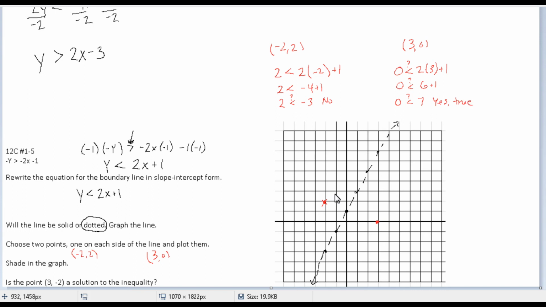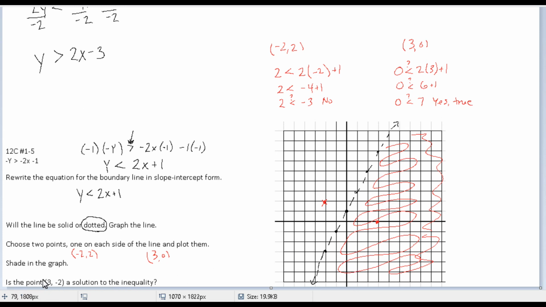When it's true, that means that's the side that I'm going to shade. Alright. So now we get to shade that side of the graph because that point on this side of the graph was true. It made the equation true. So that means that that should be in the shaded section.